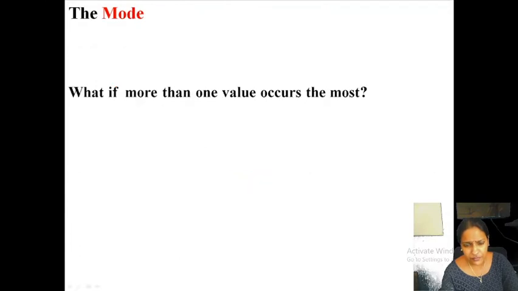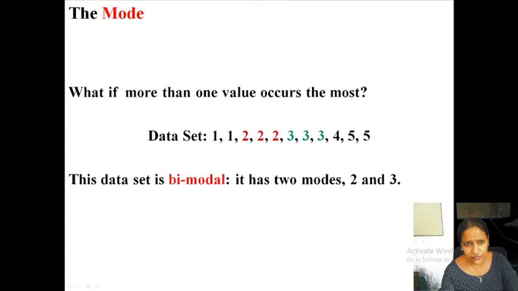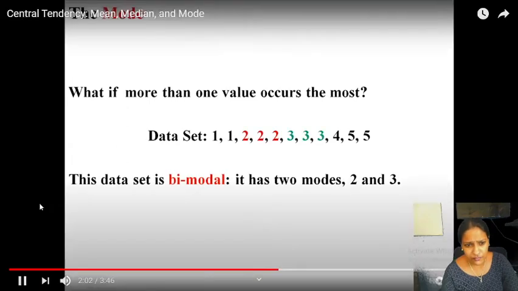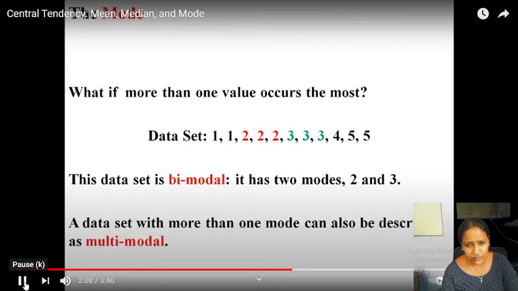So what if more than one value occurs the most? Let's say we have this data set. We've got 3 2's and 3 3's. So this data set is bimodal. It has two modes, 2 and 3. A data set with more than one mode could also be described as multimodal. Here you can see two modes: 2 is a number and 3 is a number, and both repeat 3 times.